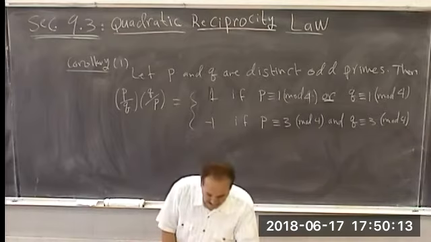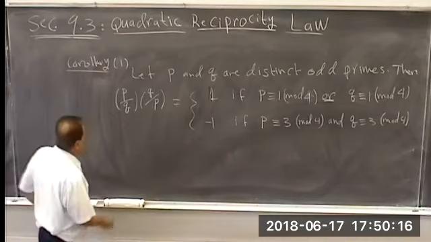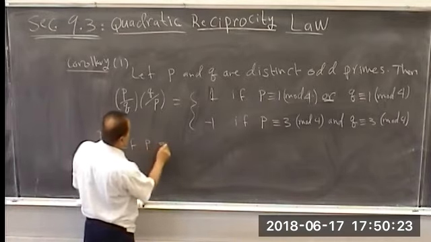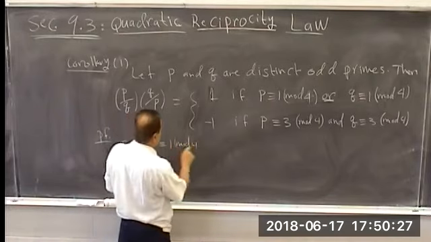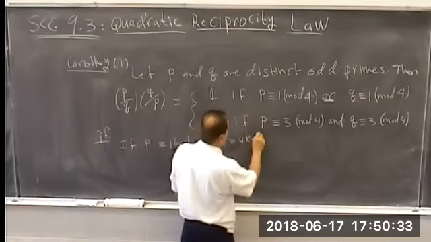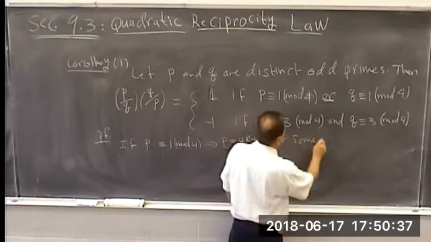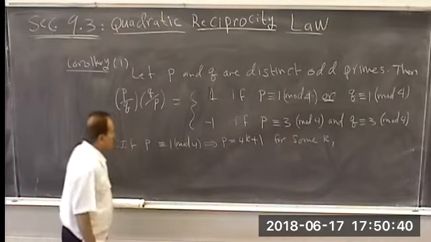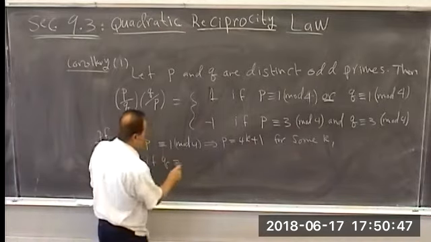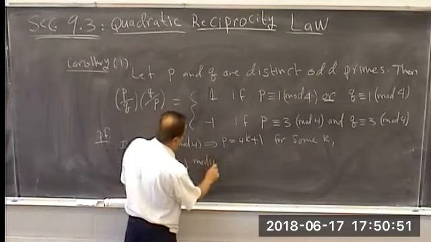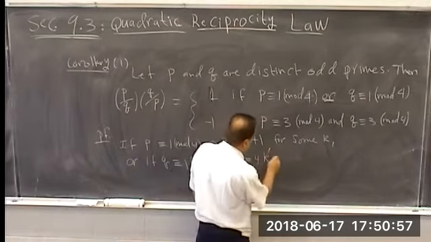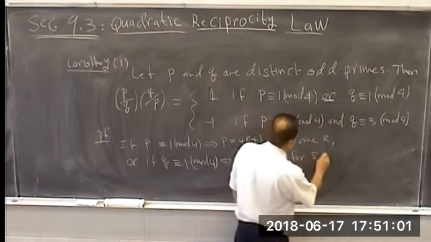Well, let's look at the proof of this. If P is congruent to 1 mod 4, this implies that P equals 4K plus 1 for some K. Or if Q is congruent to 1 mod 4, this makes Q equal 4K prime plus 1 for some K prime.